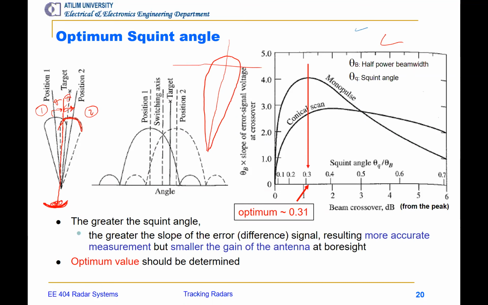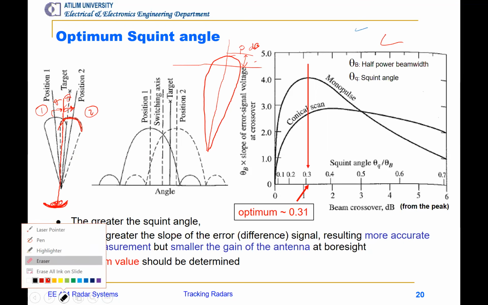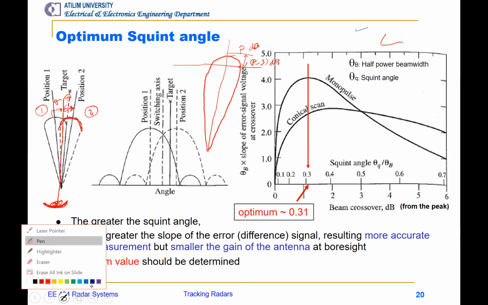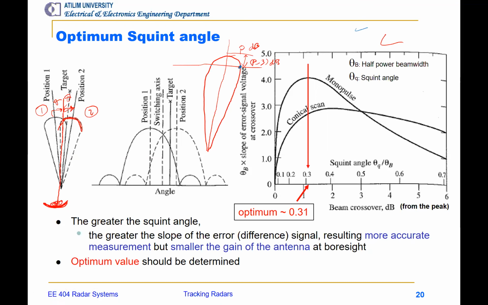Now, if this is the peak value, let's say P dB, the beamwidth is measured 3 dB down, so P minus 3 dB. I take this point and then this point and then measure the angle. That's going to be the 3 dB beamwidth of the antenna.